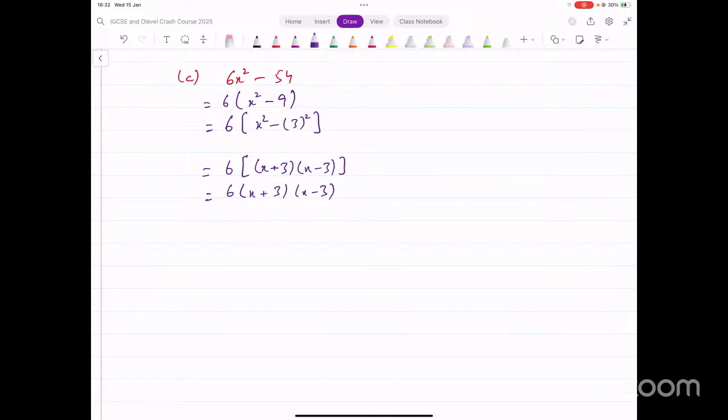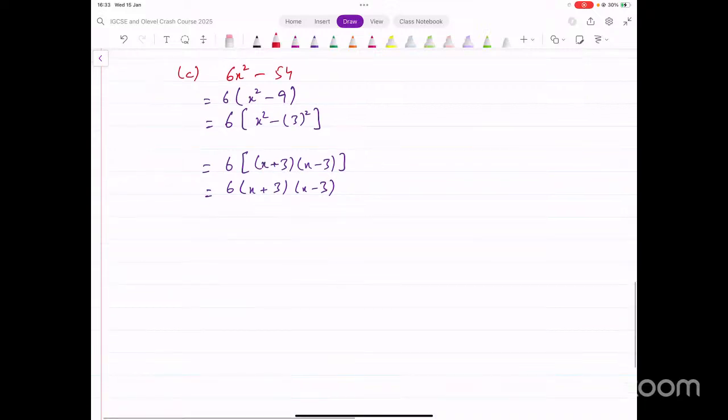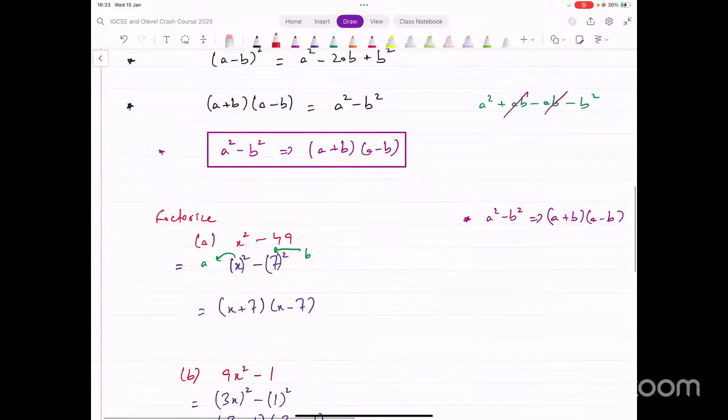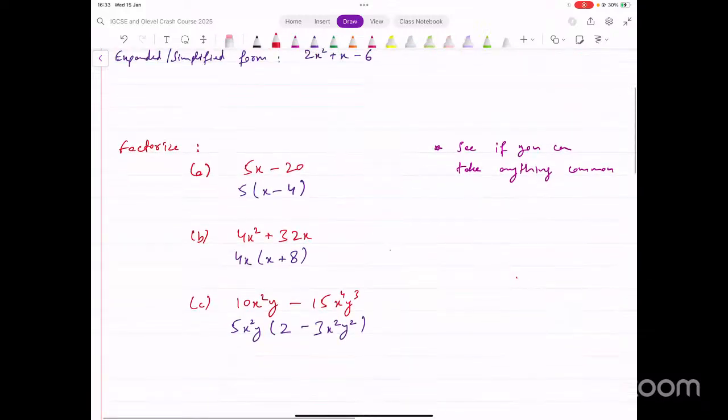And that's your final answer. If you want to verify this, you can try to expand this thing. You will get the same thing back that we started from. So this is the factorized form of that expression. Okay. So this is how factorization works when you have two terms that you want to factorize.